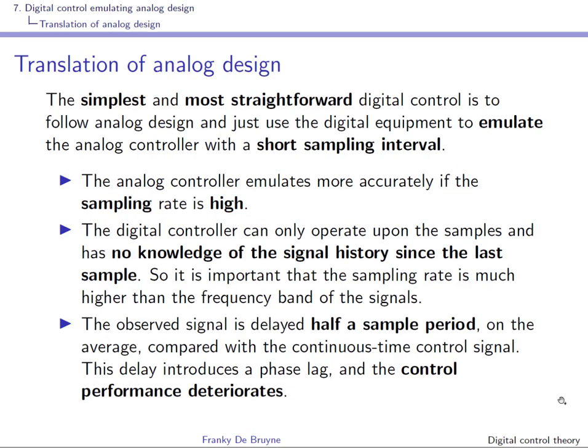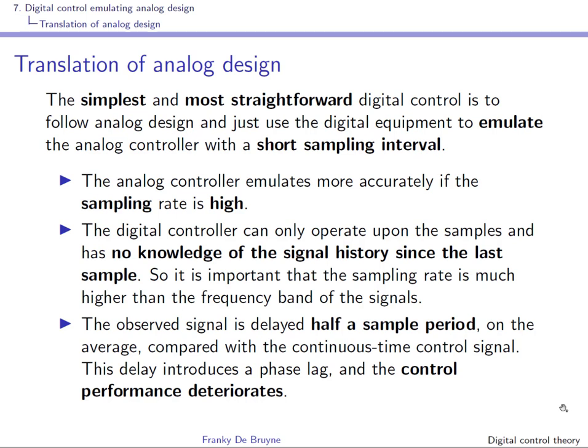The simplest and probably cheapest and most straightforward digital control is to do an analog design and obtain a digital controller with a short sampling interval. So by obtaining a digital controller, we mean that we have to obtain a discrete time equivalent description of this analog controller.